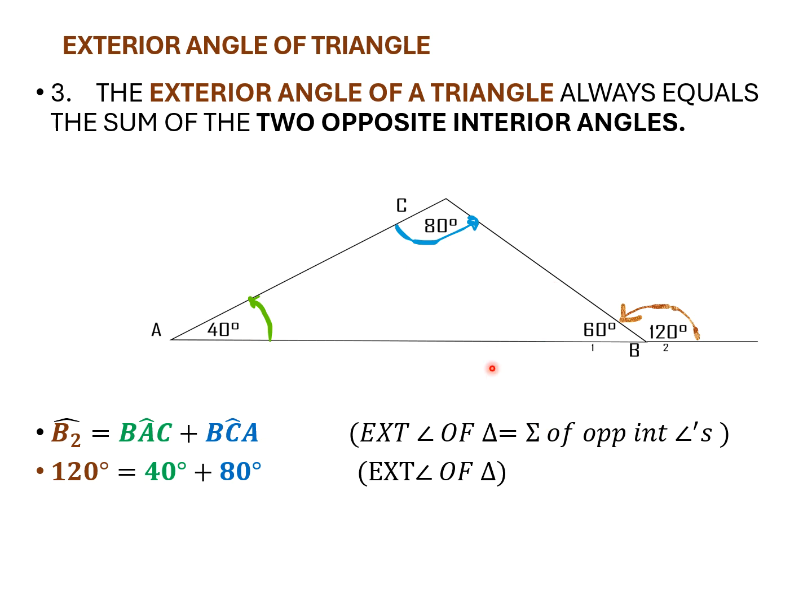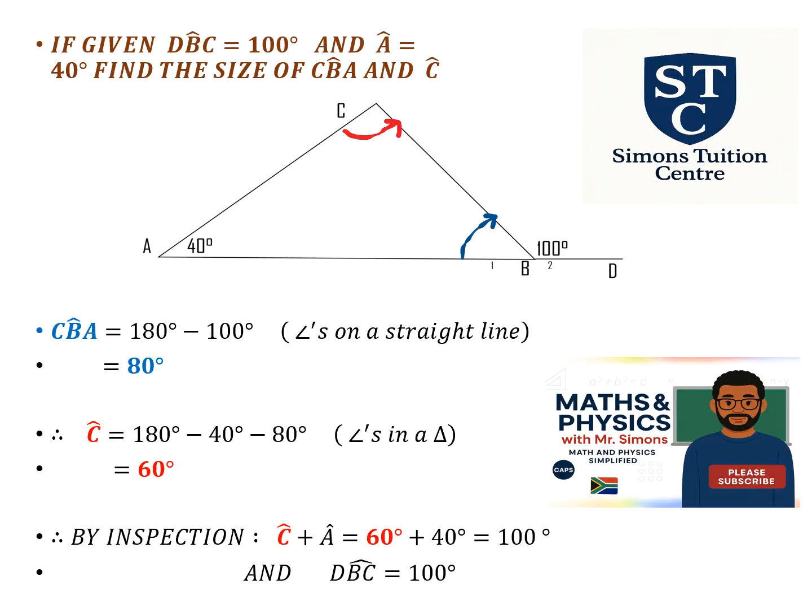This is now just refreshing all the things you've learned over the years from grade 8 up to grade 10 or end of grade 10. Right? So if given DBC equals 100 degrees, so DBC, that angle there is 100 degrees. Angle A is 40 degrees. Find the size of CBA.